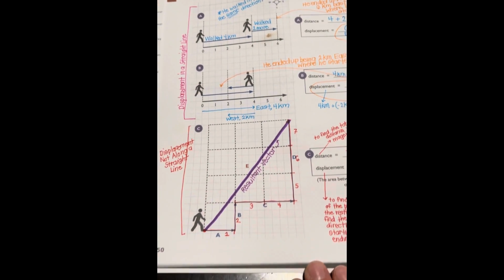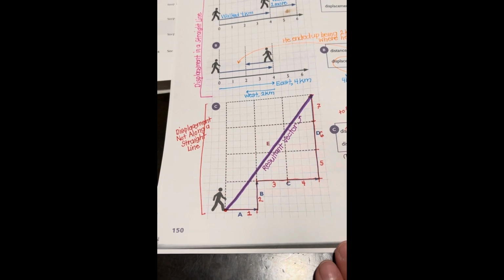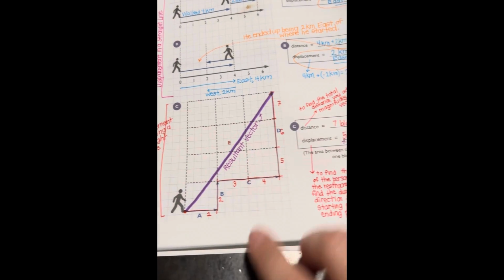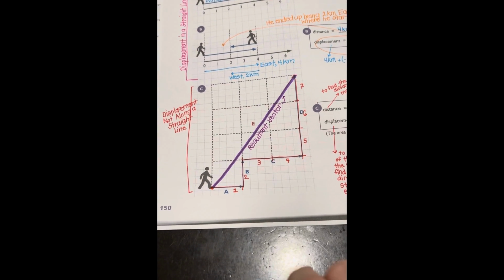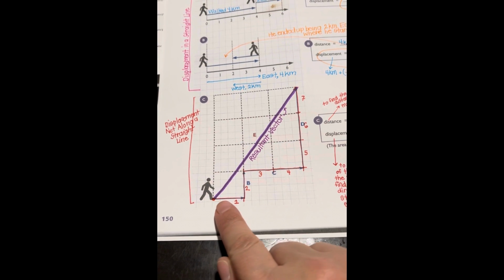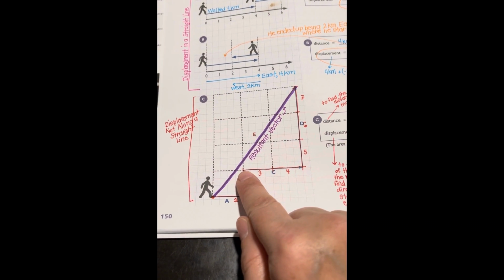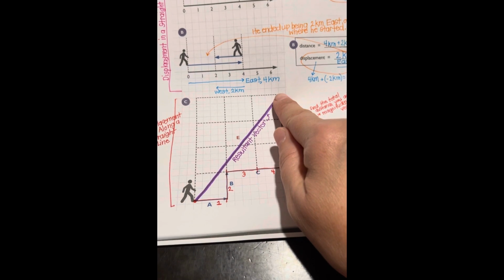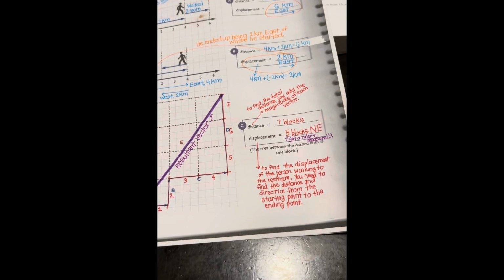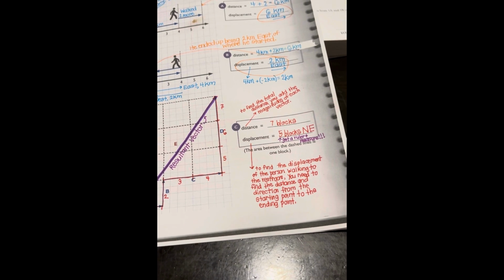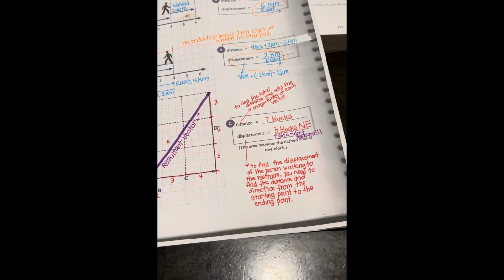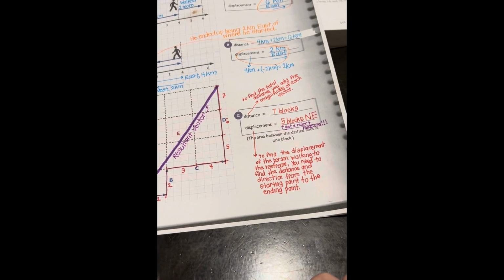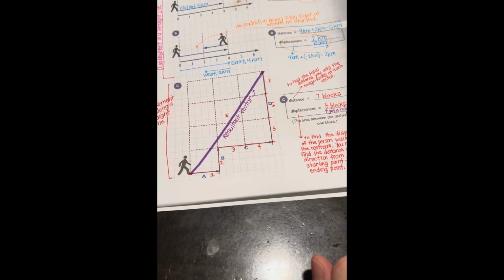Okay. Now, displacement not along a straight line. So again, we are talking about this right here. All right, the distance. He walked 1, 2, 3, 4, 5, 6, 7 blocks. So his distance was 7 blocks. Now his displacement, this is the tricky part. You need to get a ruler and you need to measure the distance.